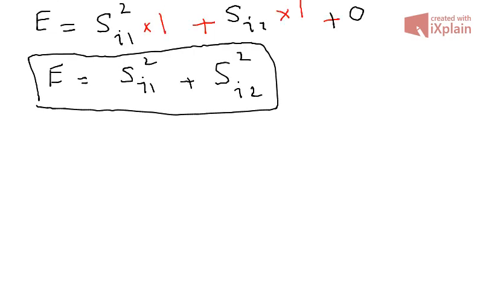Now comparing this equation with our previous one, we said that the energy of our signal is actually A square T over 2, right? The energy is A square T over 2.